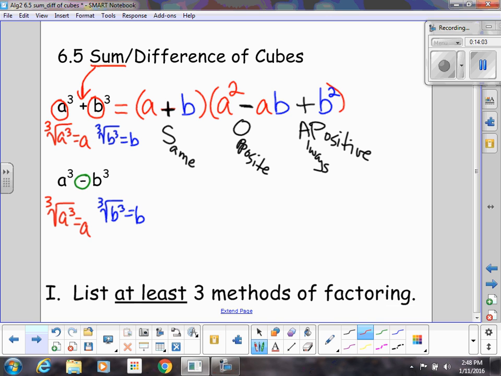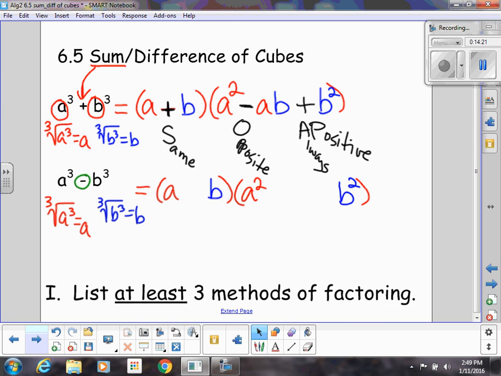So with this pattern, I'm going to have a in the front, b in the back in that first parenthesis. In that longer parenthesis, I'm going to have a times itself, b times itself, but that goes in the very end. And in the middle, I have a times b.